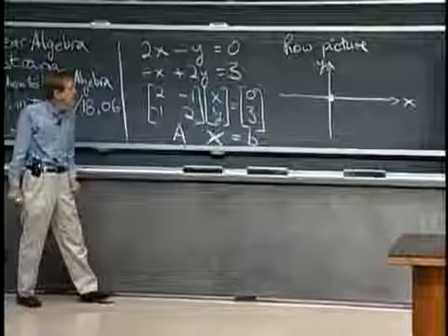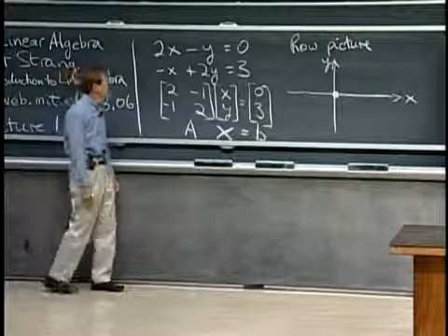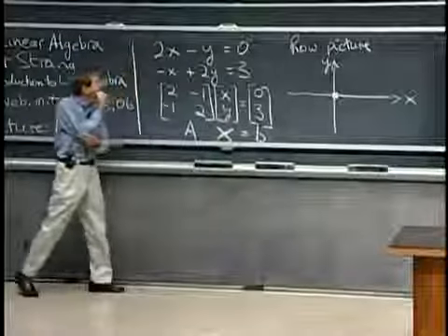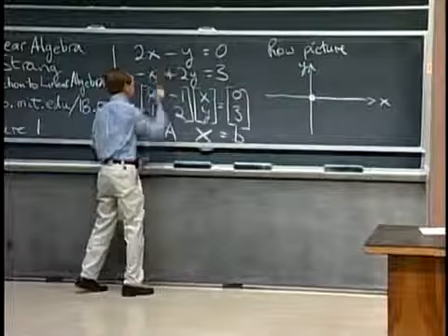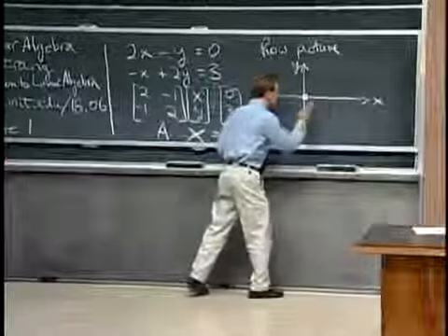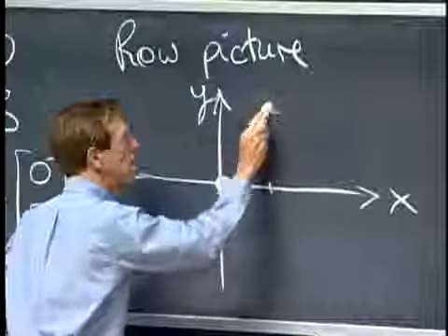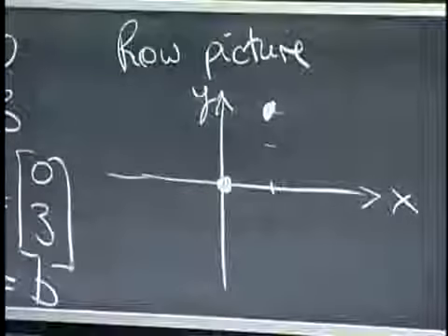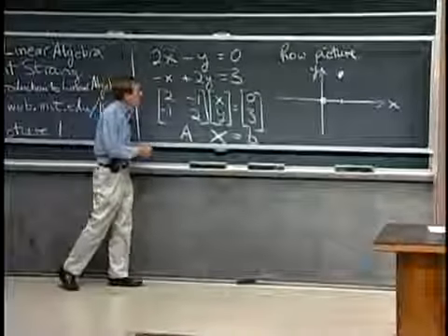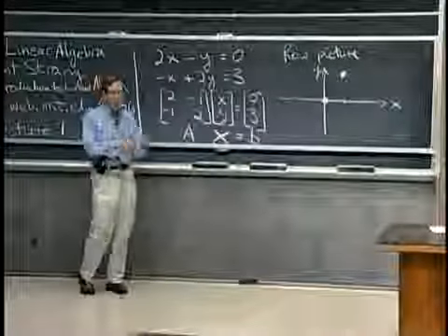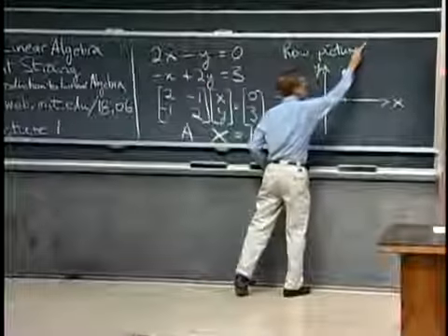So the point, the origin, the point with coordinates 0, 0, is on the line. It solves that equation. Okay, tell me, well, I guess I have to tell you, another point that solves this same equation. Let me suppose x is 1, so I'll take x to be 1. Then y should be 2, right? So there's the point 1, 2 that also solves this equation. And I could put in more points. But let me put in all the points at once, because they all lie on a straight line.